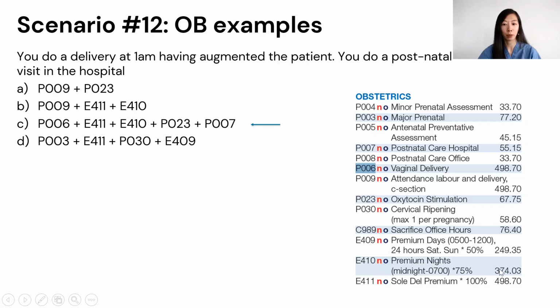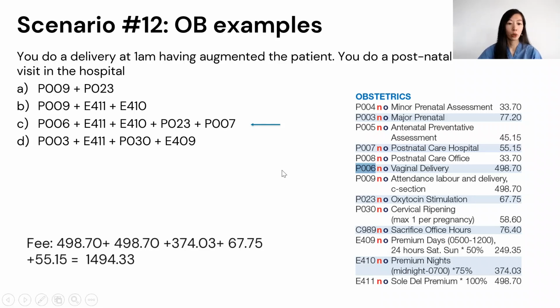So you get this as a premium. And then you augmented the patient, so you bill a P023, which is the oxytocin stimulation. And you also do a postnatal visit at the hospital, which is the P007. So in total, it would be this amount, which is quite a lot, but also a very tiring job to be doing. So I guess you get paid accordingly.